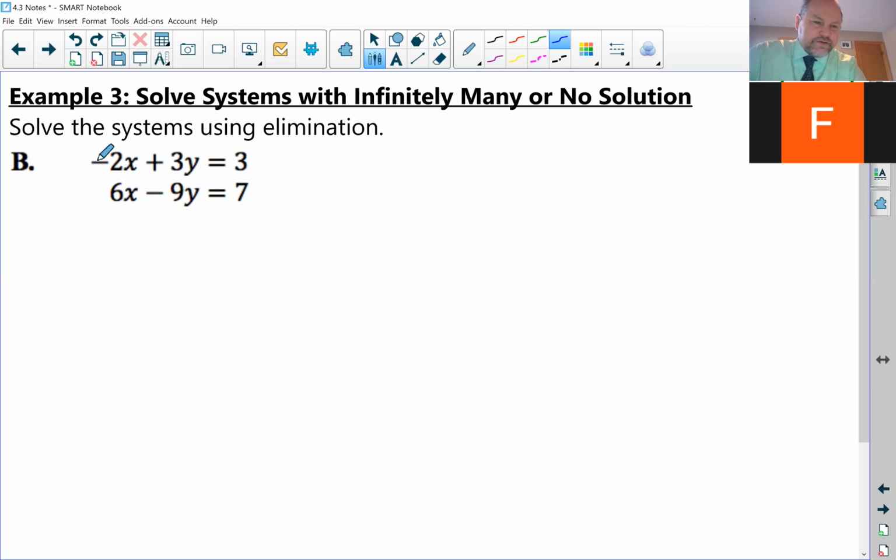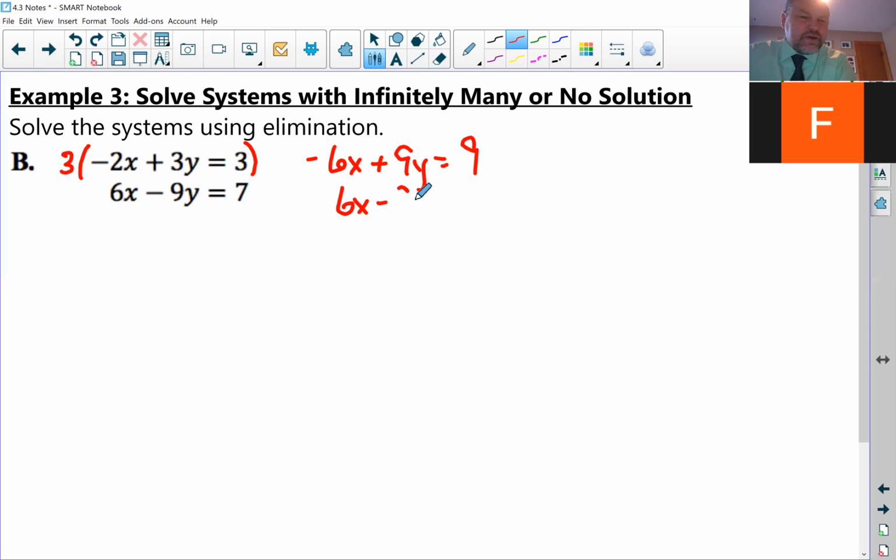Can I multiply -2 by something to get it to be the opposite of 6? And the answer is, of course, Mr. Gingrich, you could multiply that by 3. So we would get -6x plus 9y equals 9, and 6x minus 9y equals 7.